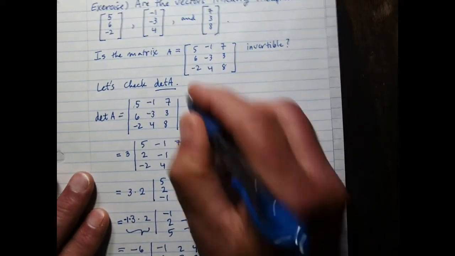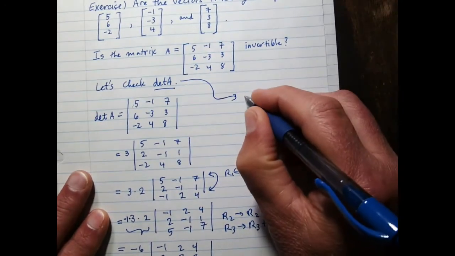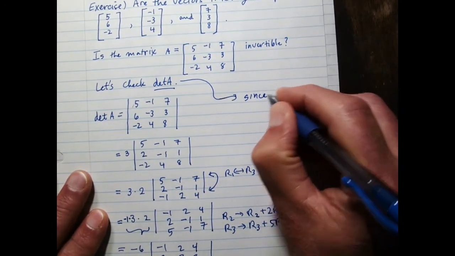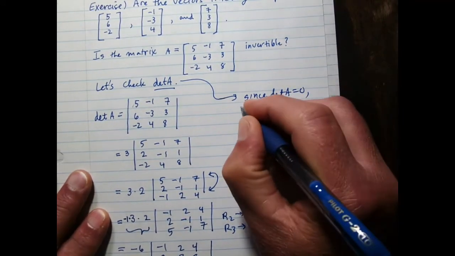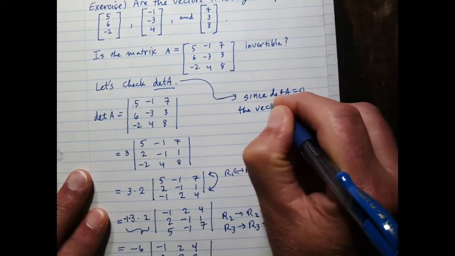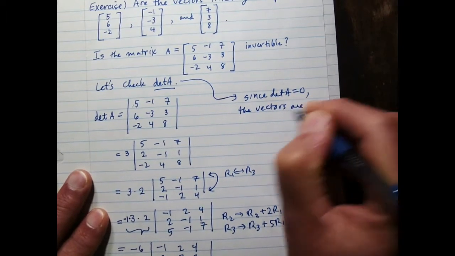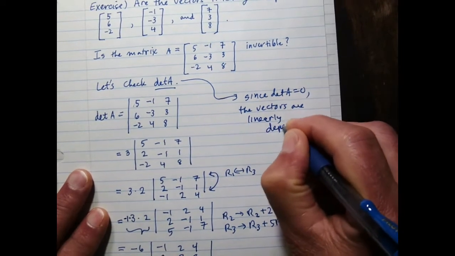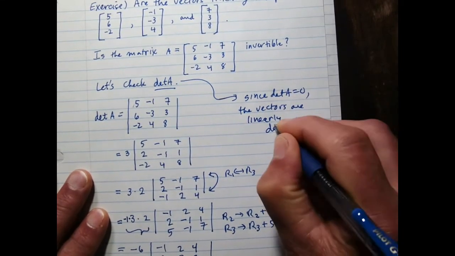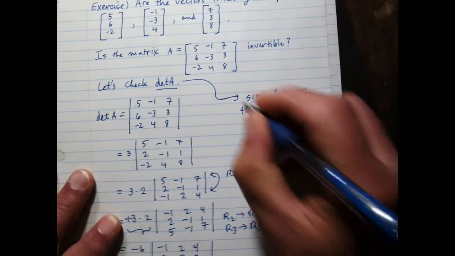So now if we go back, we can say since the determinant of A is 0, the vectors are linearly dependent. They are not independent in this problem.